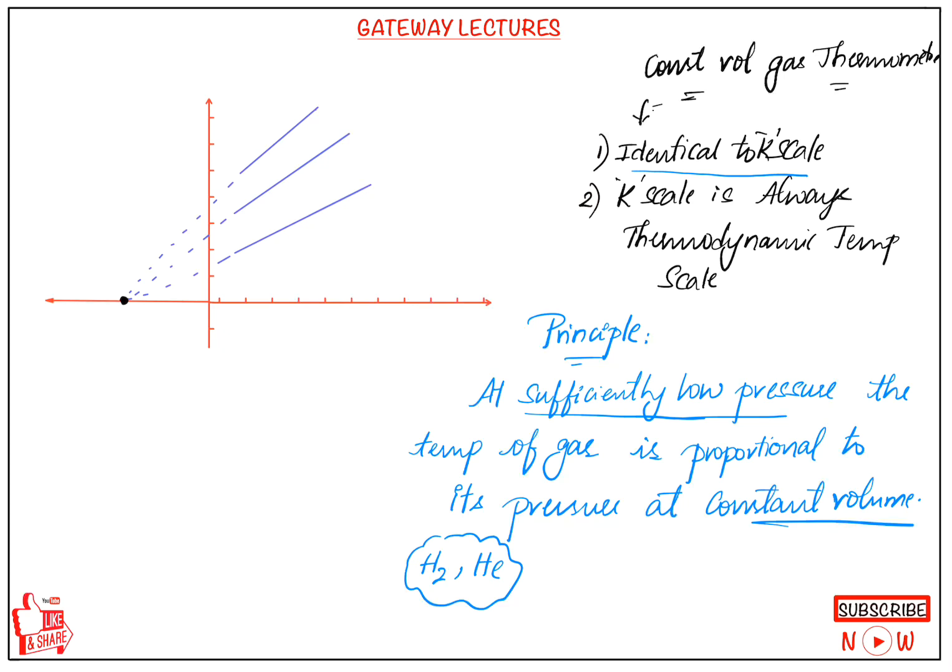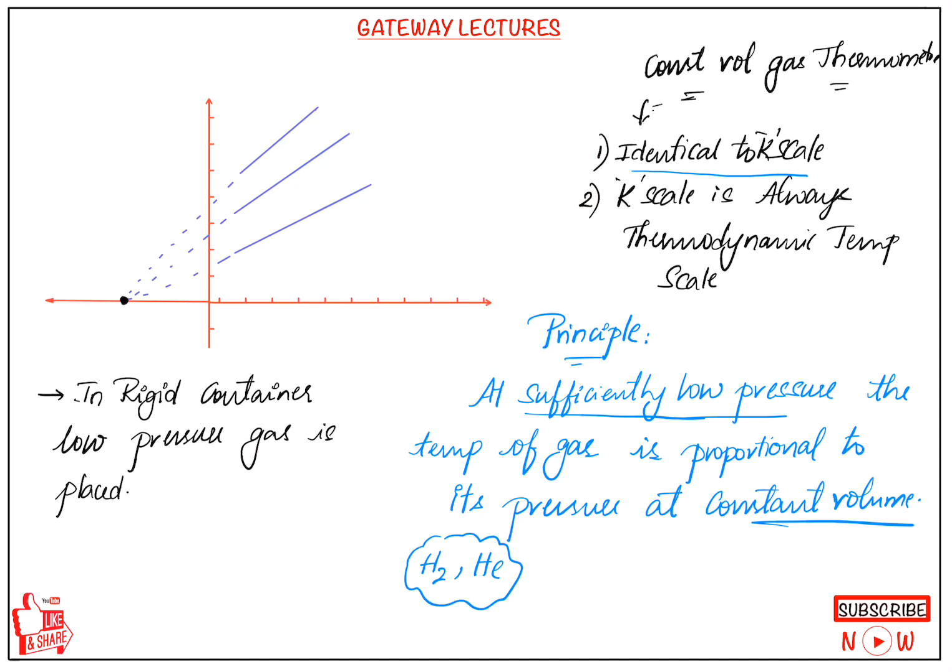So how does a constant volume gas thermometer work? In a rigid container, we will place the low pressure gas, and this rigid container is placed in contact with the medium where we need to measure the temperature.